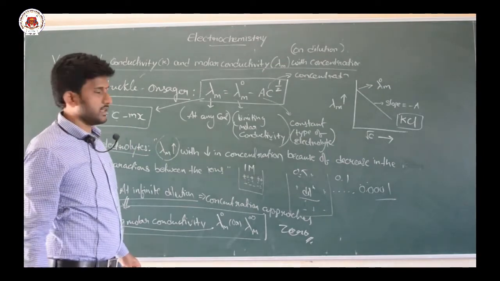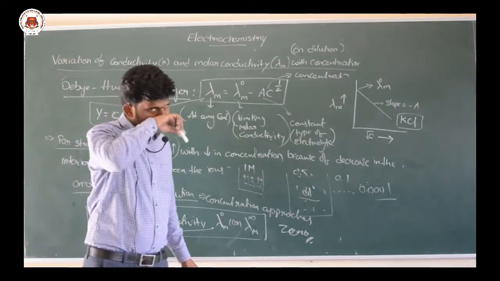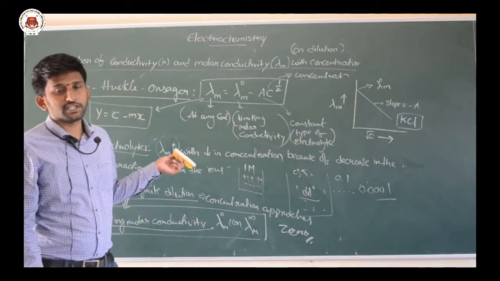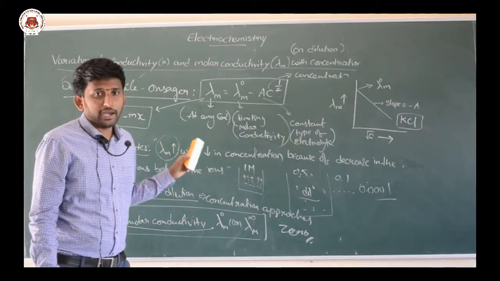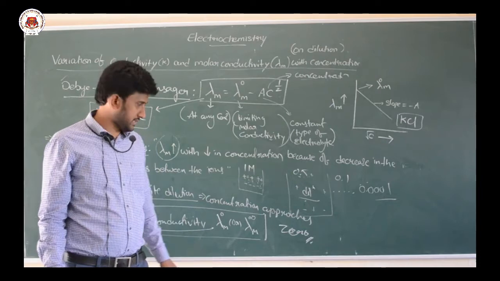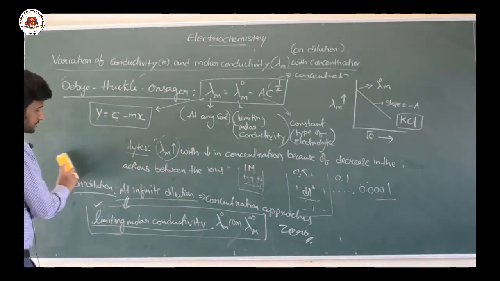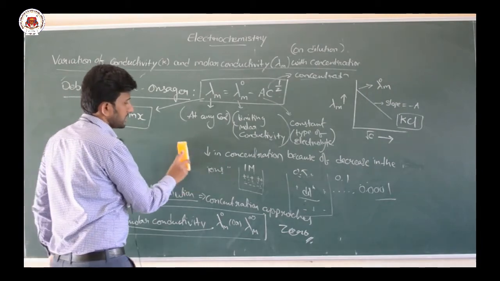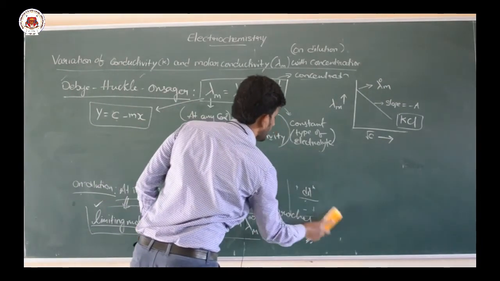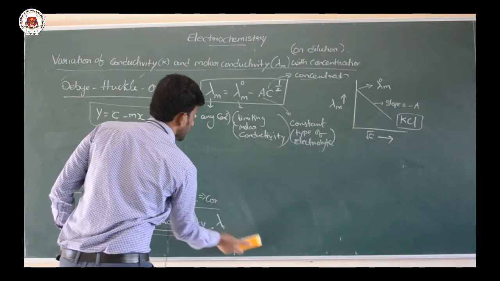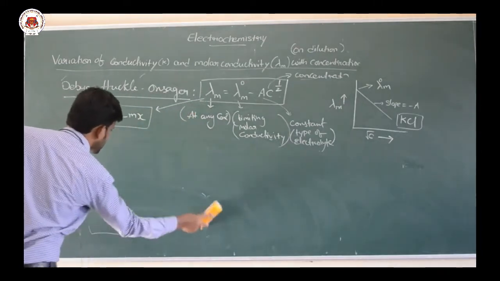By the Debye-Huckel-Onsager equation. And the same equation cannot be applied for weak electrolytes. Now, why it is not applied for weak electrolytes means, I said to you, the increase in the values of lambda m for strong electrolytes and weak electrolytes is different.